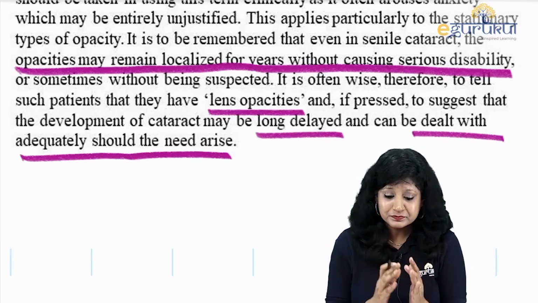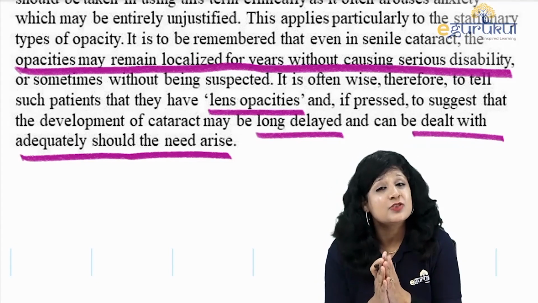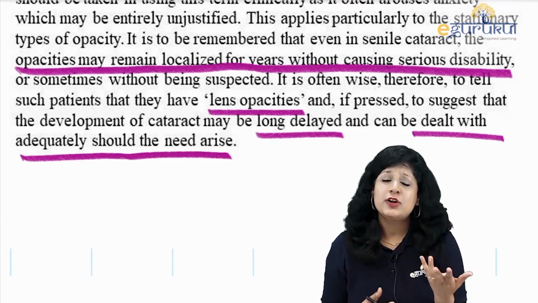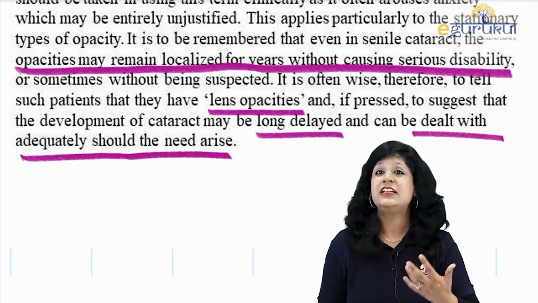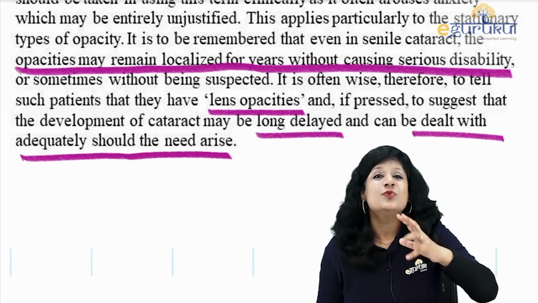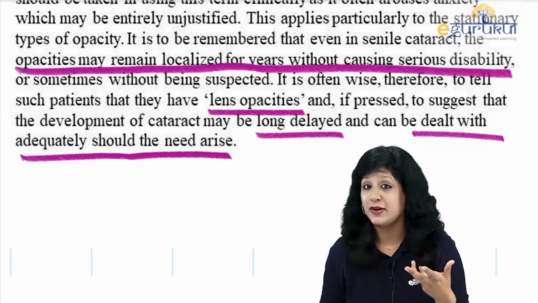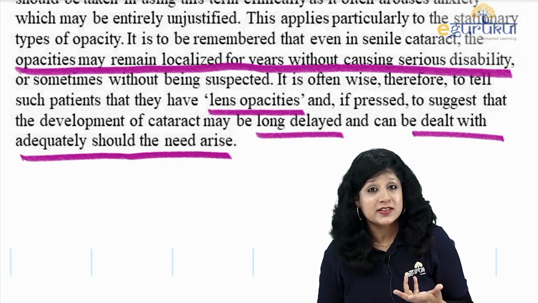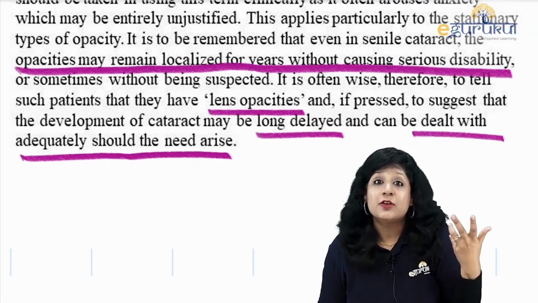So if you feel that the amount of opacity present in the lens is not severe enough to disrupt the visual pathway of the patient, or hamper the day-to-day activities, or need immediate surgery, you can prefer not to use the word cataract in front of the patient, because cataract patients will be pretty old, and they are quite apprehensive about these words, and they become quite emotional when they hear that something is wrong.